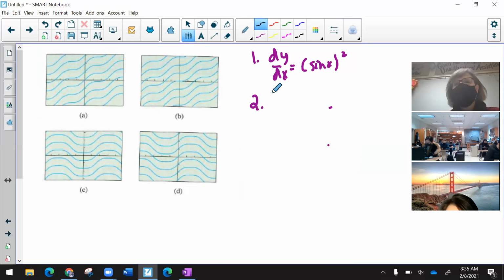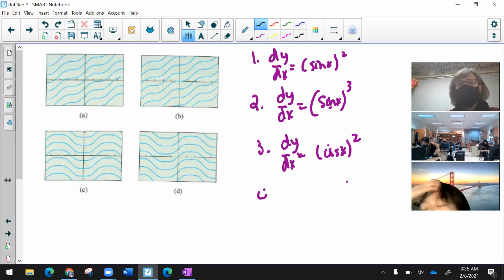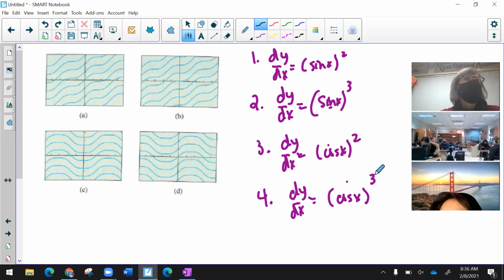You don't need to write this down in capital. Number 2 is dy/dx = sin(x³). Number 3 is dy/dx = cos(x²). And number 4 is dy/dx = cos(x³). So I have them in the right order. Do my numbers agree with your numbers?